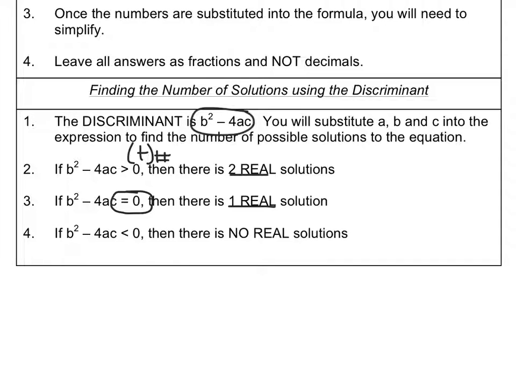If it's less than 0, or a negative number, then there are no real solutions. So there are 3 possible types of answers you can have: 2 answers, 1 answer, or no real answers at all.